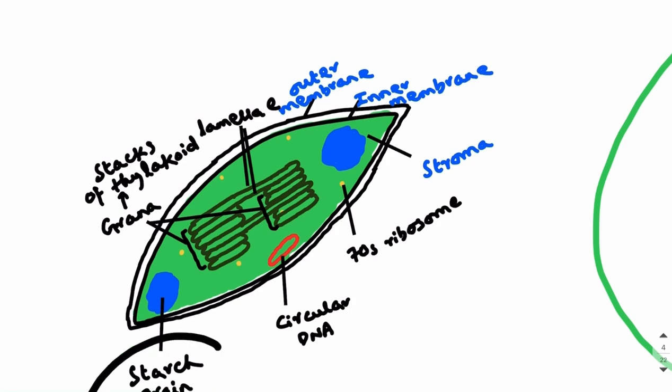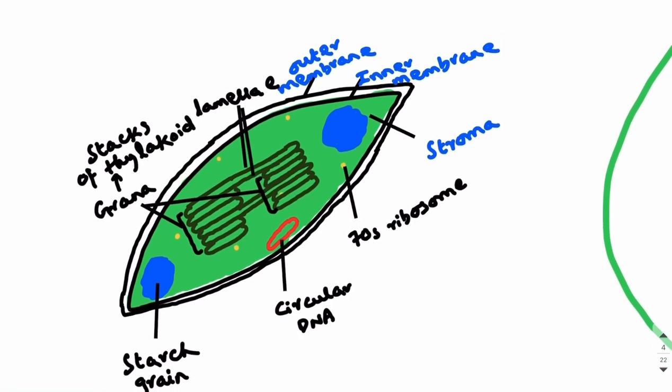Then we can see starch grains, right? And starch grains over here are produced from the products of photosynthesis. So we all know that in photosynthesis, glucose is made, right? And glucose is stored in the form of starch grain. So the function of starch grain is to store the products of photosynthesis like glucose, right?